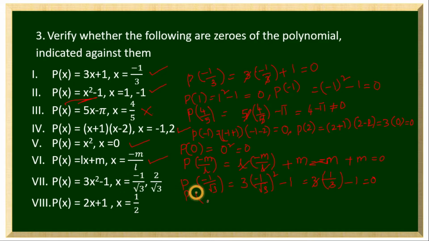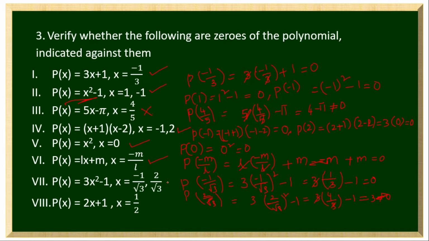In the same way, 2/root 3. 3 into (2/root 3) whole squared minus 1 equal to 3 into 4, since 2 squared value is 4, over root 3 squared which is 3, minus 1. 3 will get cancelled. 4 minus 1 is 3. 3 is not equal to 0.